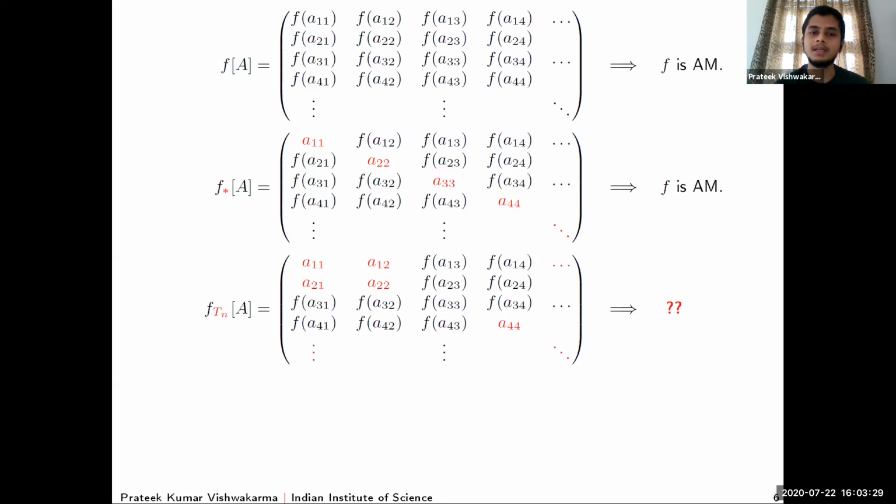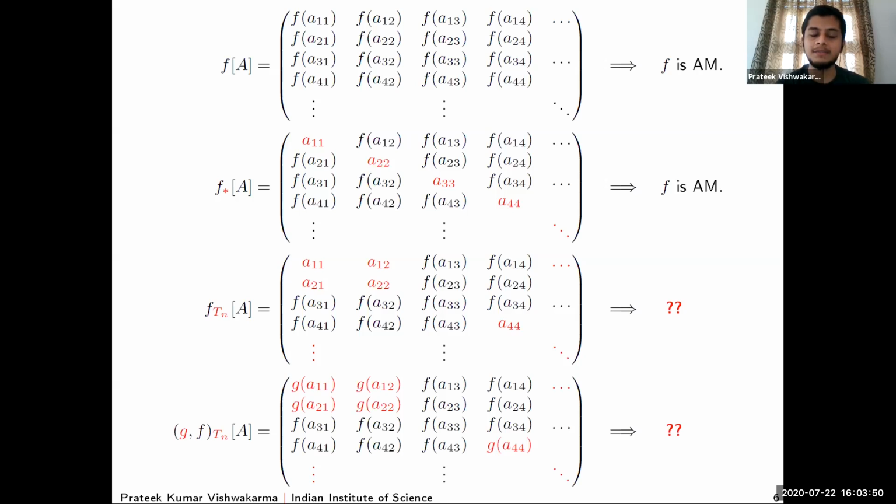In this work, we have generalized to the idea where the function f is operating on generalized off-diagonal entries, in the sense, for instance, as shown in the picture, where the function f is forbidden to operate on the first principal 2 by 2 block, but is acting on A33 and so on.